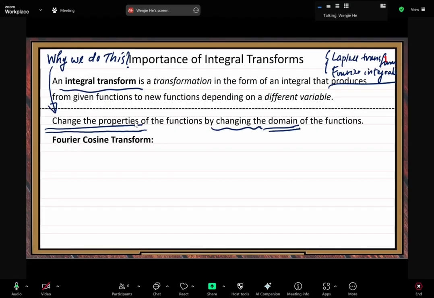Let us use the Fourier cosine transform as an example to understand the change here. So what is the Fourier cosine transform? It is similar to our Fourier integral, right? But here, it's different. From the form, remember how you calculate the capital A of w?